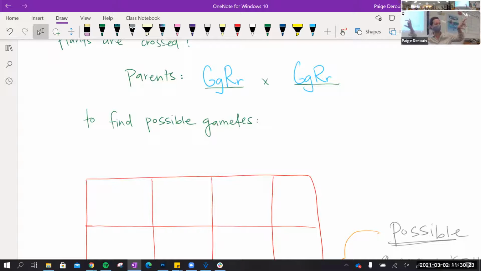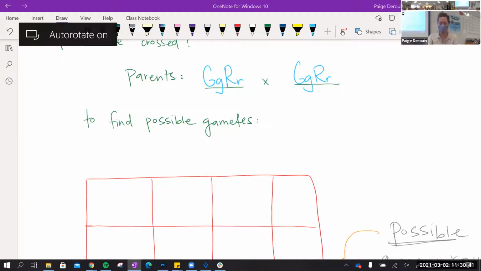Make sense? So what you can do to figure out your possible gametes is use a math technique, which is FOIL. Yay, FOIL. You guys know about FOIL? If not, you're about to learn.